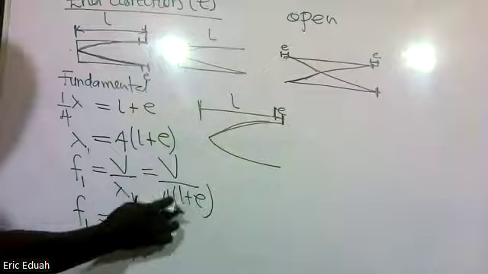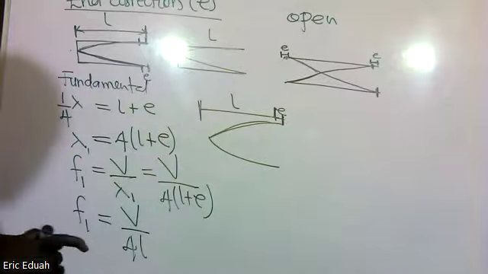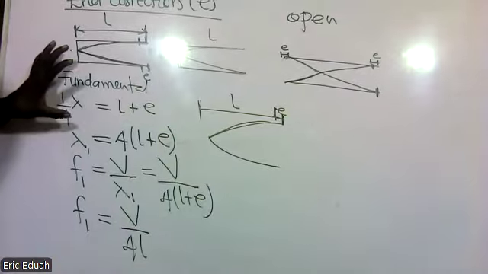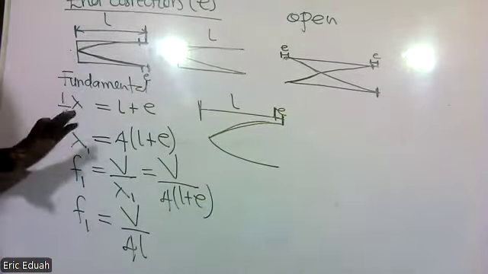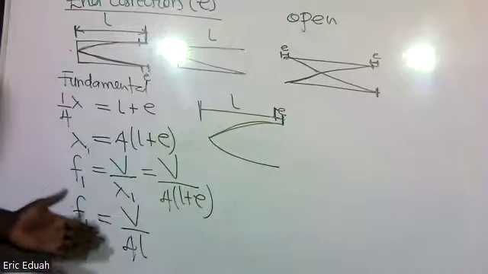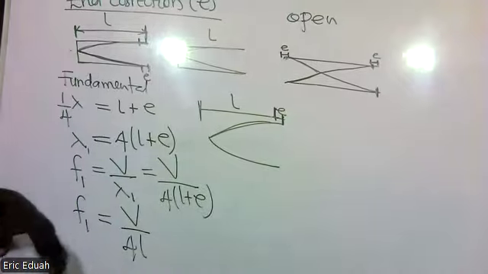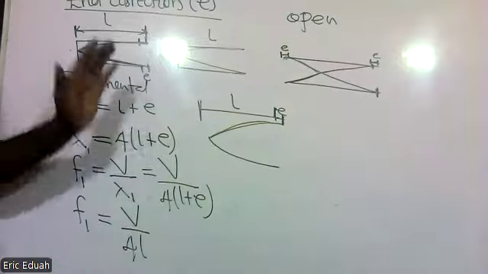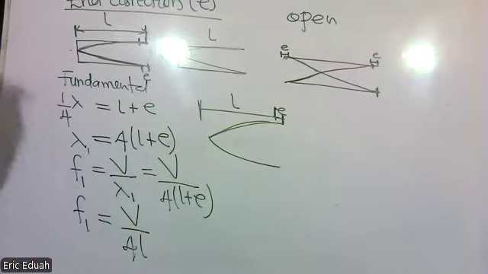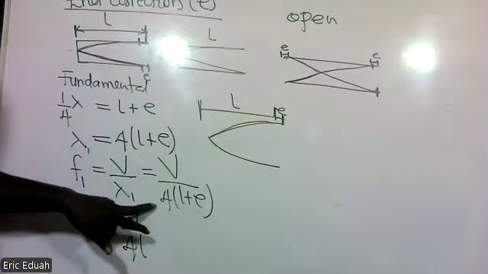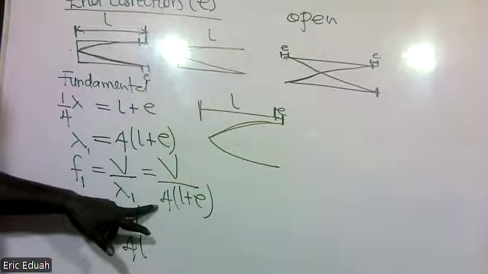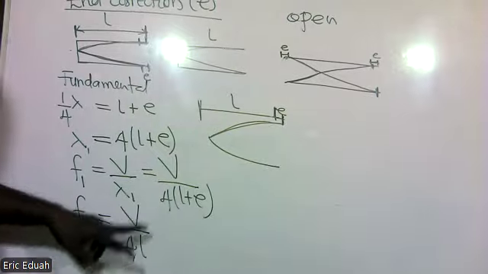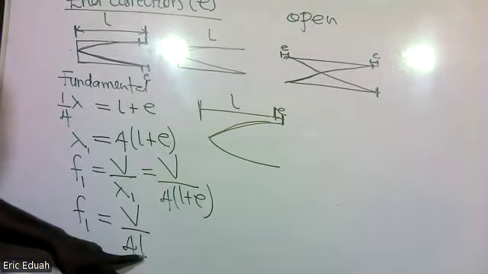So this is the difference when we are taking account of end correction, for the fundamental note. If it's about the second note or second harmonic, the same, we take account of end correction. But for the fundamental note, this is how the frequency would be when we are considering end correction, and this is the frequency without end correction.